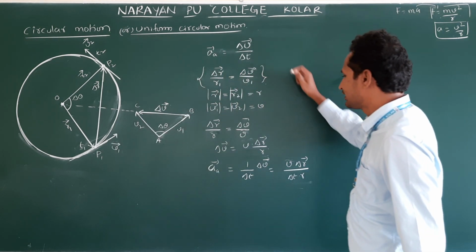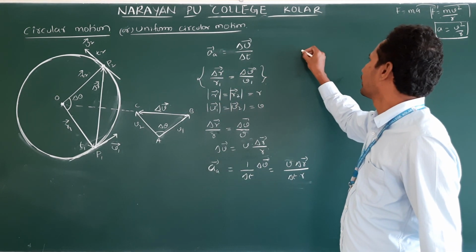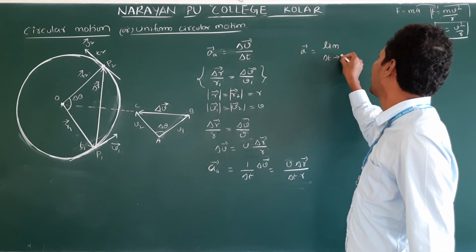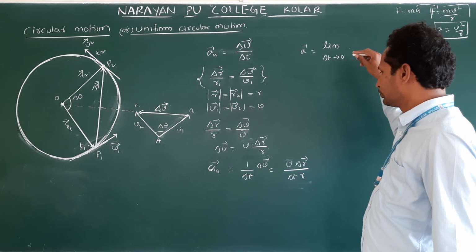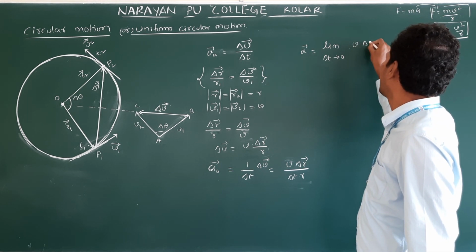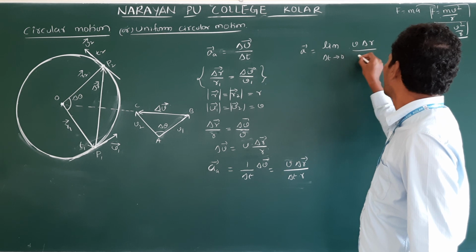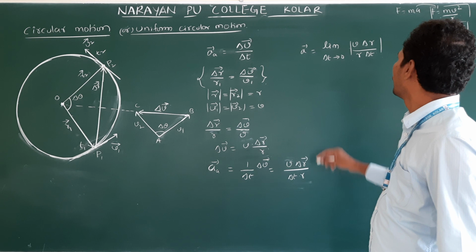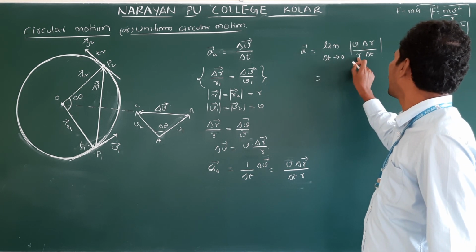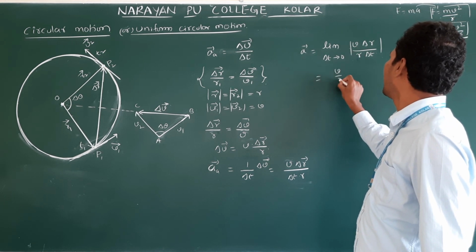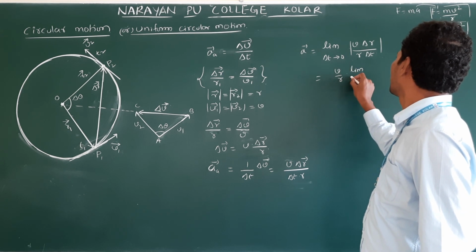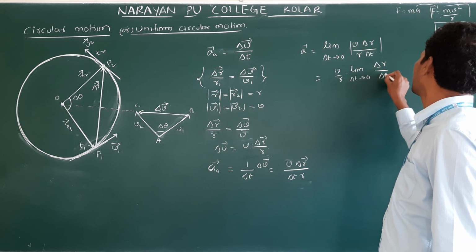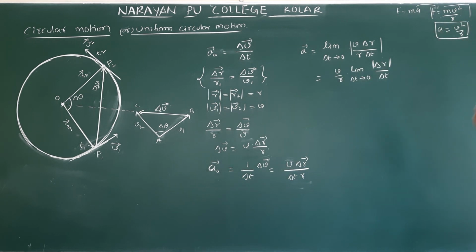We need the instantaneous acceleration. Then A is equal to limit delta T approaches 0 of V delta R by R into delta T. Taking this outside, V by R times limit delta T tends to 0 of delta R by delta T. Actually delta T is the time.